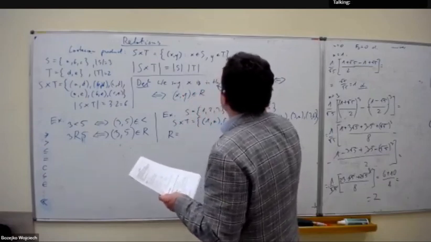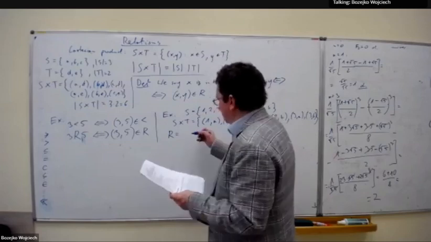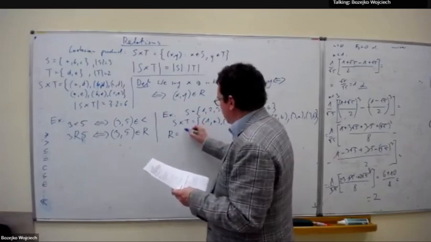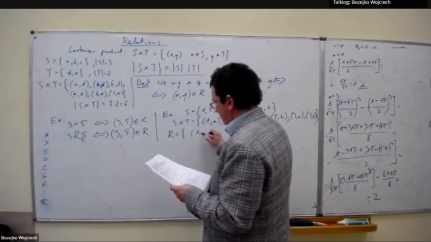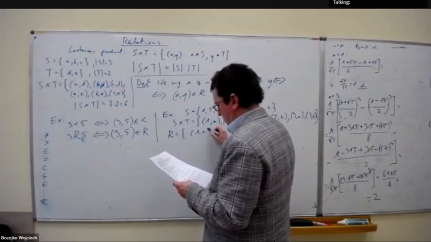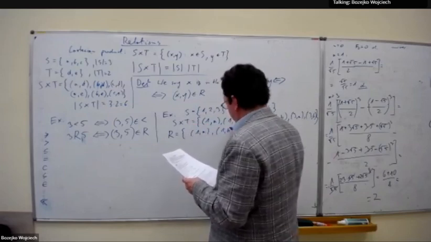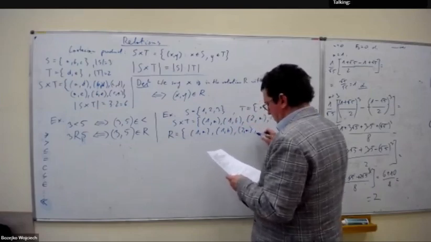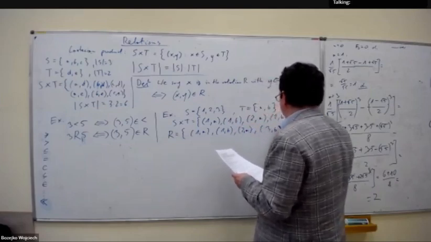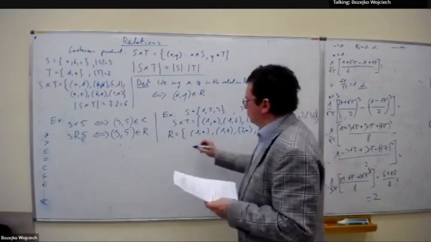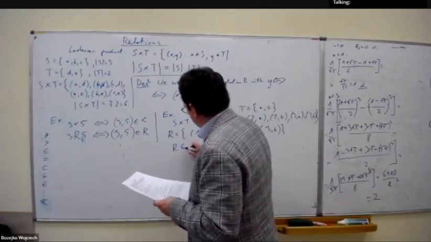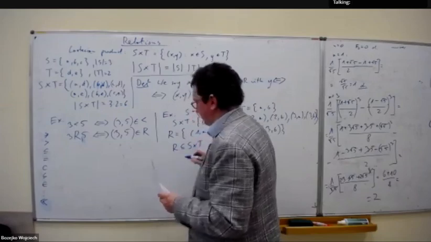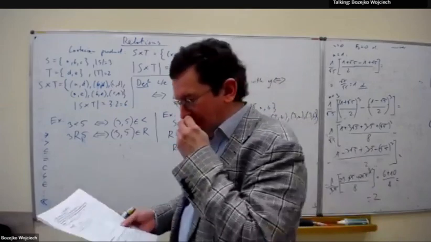So it can be, for instance, something like this: 1A, 1B, 2A, and 3B. So of course, R is a subset of S times T. This is an assumption.